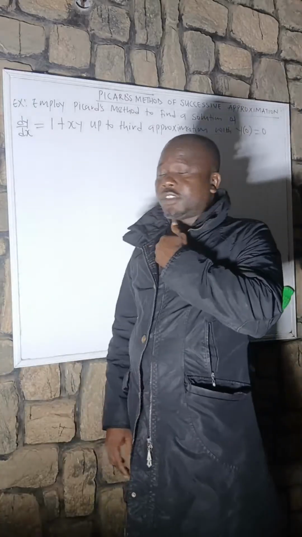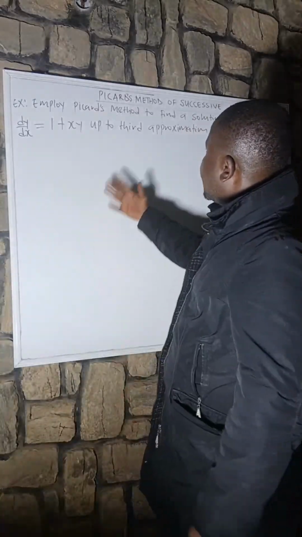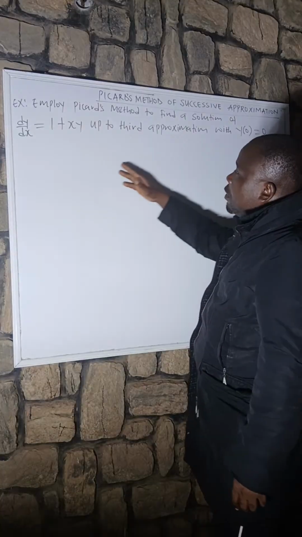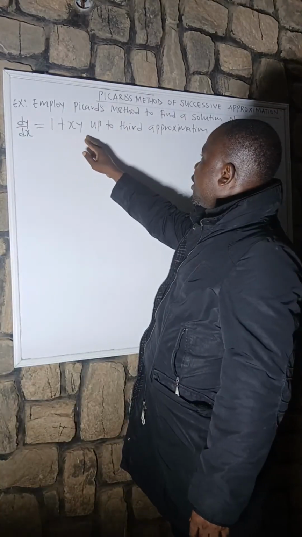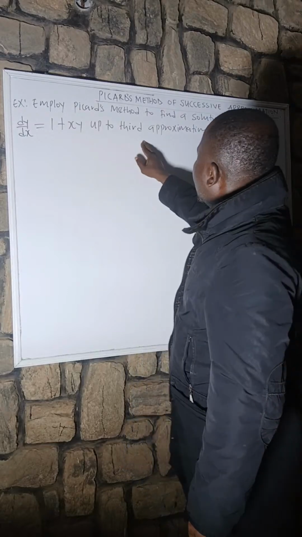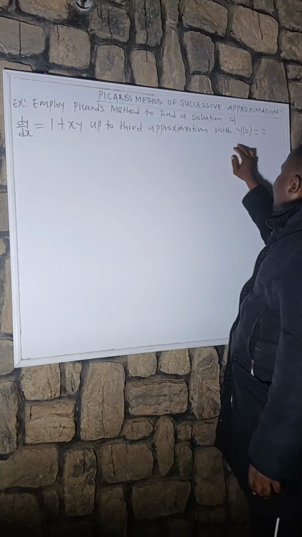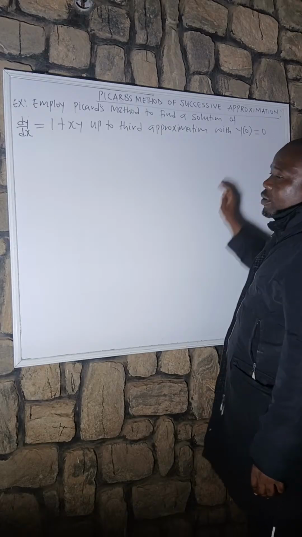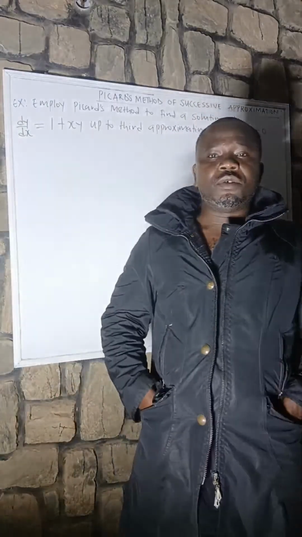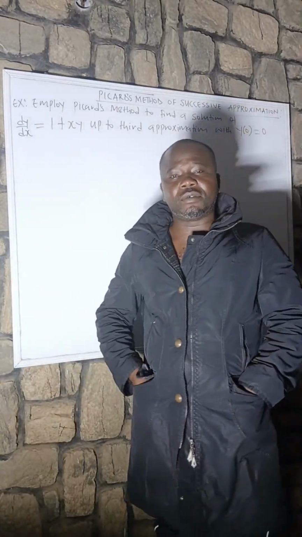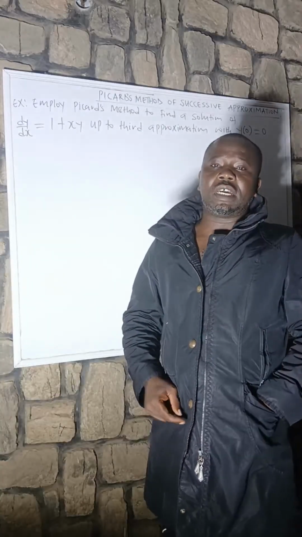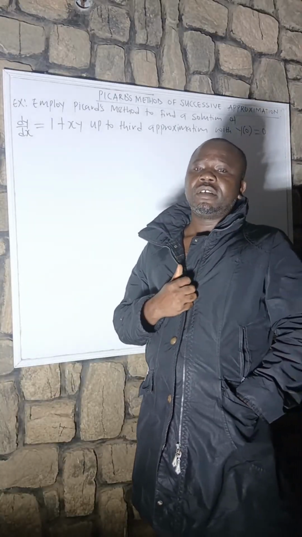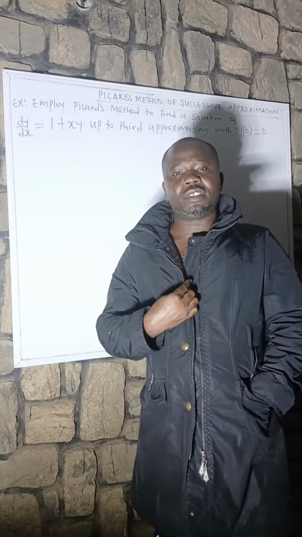Here we have a question: employ Picard's method to find a solution of dy/dx equals 1 plus xy up to the third approximation, with y(0) equals 0. It is simple as ABC. So tonight we are going to discuss Picard. It's not difficult, it's just how to iterate. It's all about iteration. Is that clear?